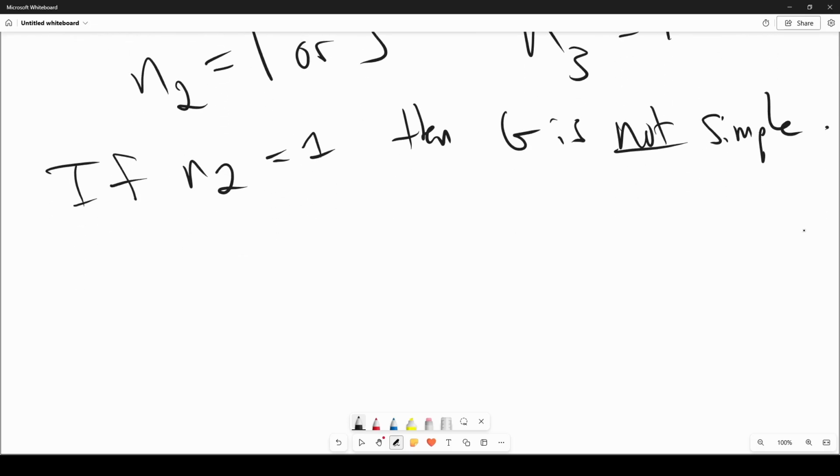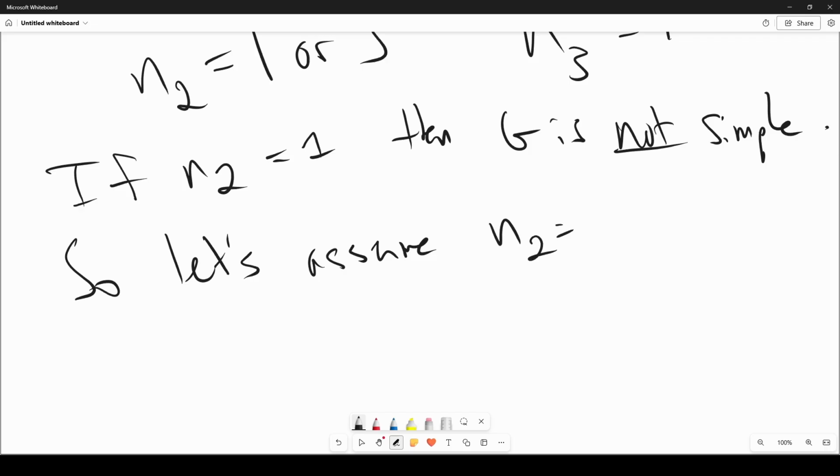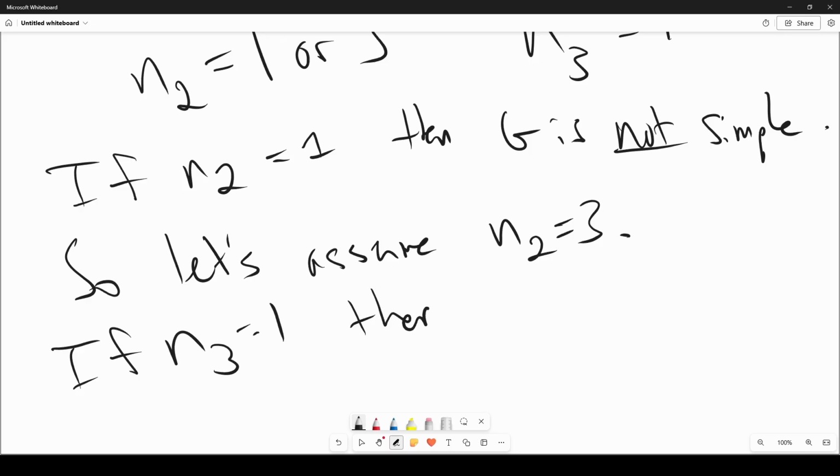So for the sake of argument, let's assume that n2 is 3. Similarly, if n3 equals 1, then G is not simple.